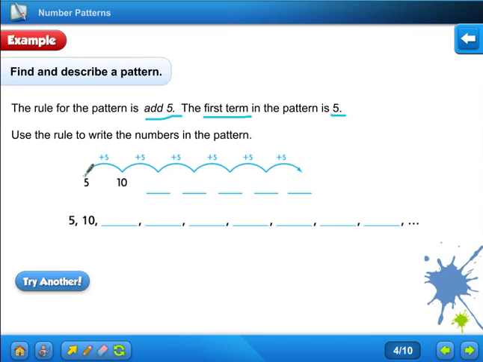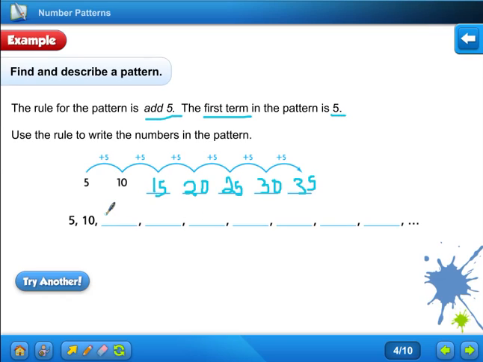So we start with 5, and you're adding 5. 5, 10, 15, 20, 25, 30, 35.